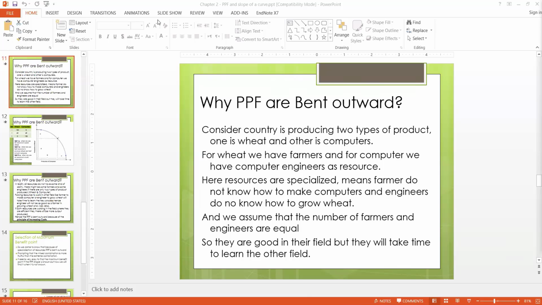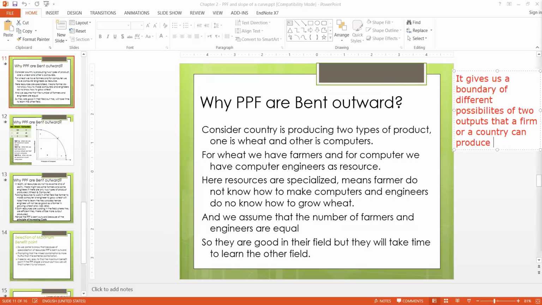The brief idea was that it gives us a boundary of different possibilities of two outputs that a business, a firm, or a country can produce using all available resources and technology.